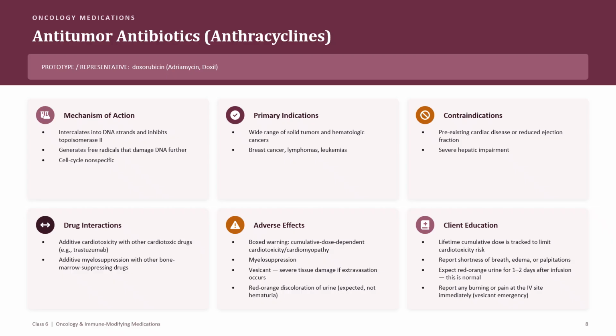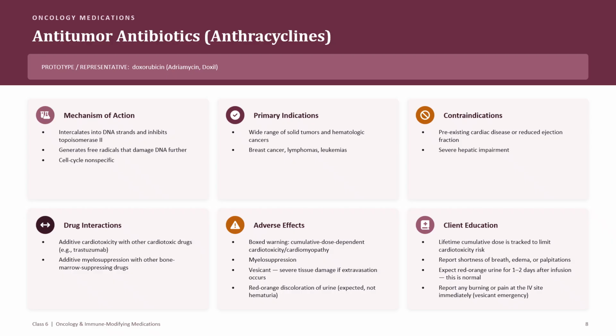Every dose makes a withdrawal, and once you hit the limit, that's it. No more doxorubicin, ever, for that patient, regardless of how well the cancer is responding. That's why you'll see providers tracking lifetime cumulative doses like it's a hard ceiling, because it is.